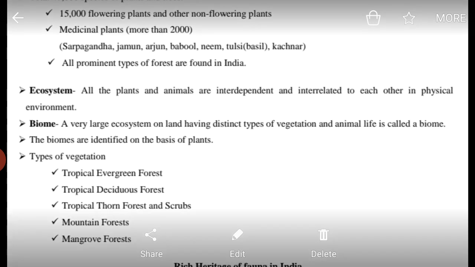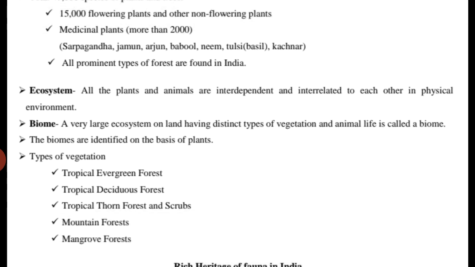An ecosystem may be big or small. When a large ecosystem on the land has different types of vegetation and animals, it is known as a biome. Biomes can be identified on the basis of plants, because plants can't move on their own. According to the climatic and physical conditions, they occur in a particular area.